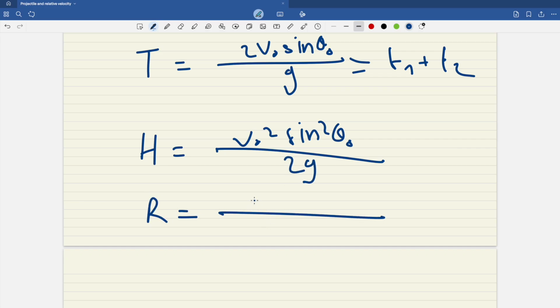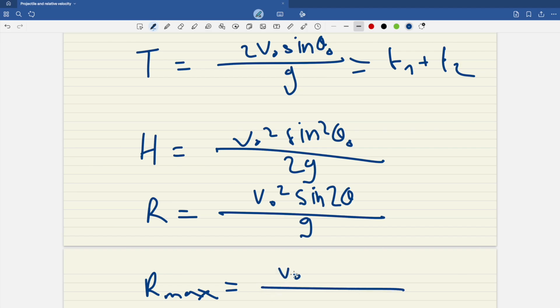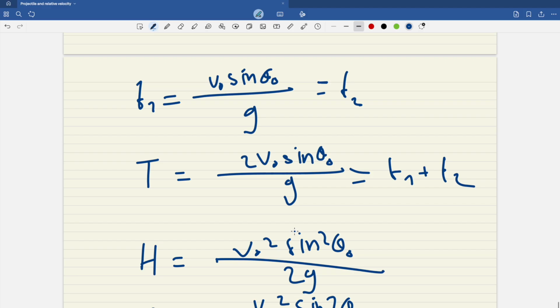The horizontal range was v naught square sine 2 theta naught divided by g, and the r max was v naught square divided by g. So these were the formulas.